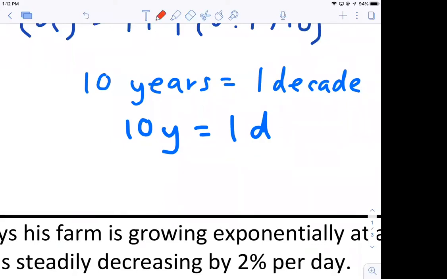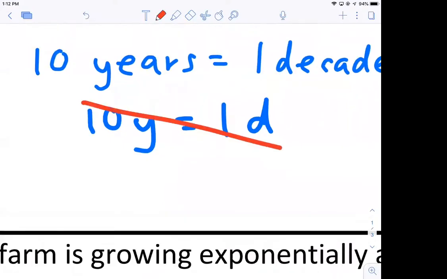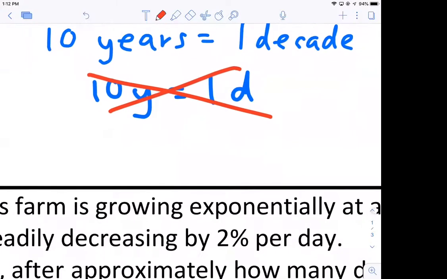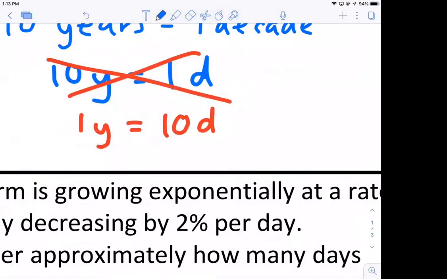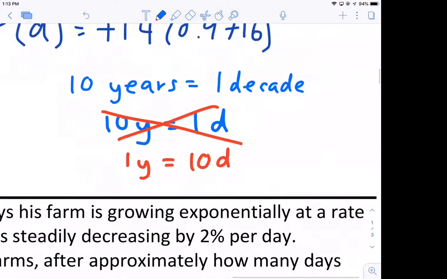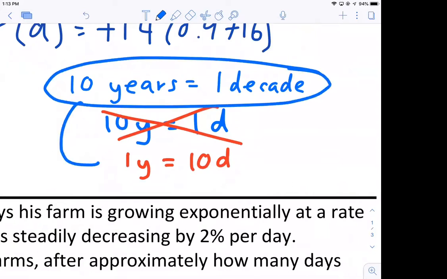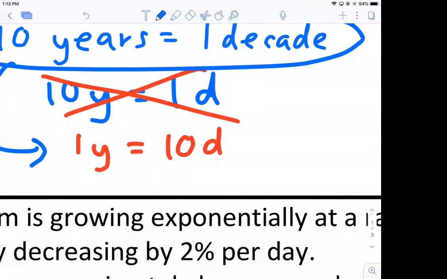So this is not true. What we should be saying is that 1 year, or 1y equals 10d, right? I know that seems weird, it seems counterintuitive, but if 10 years is equal to a decade, then we can say 1y equals 10d. And if you plug in numbers, it should make sense.